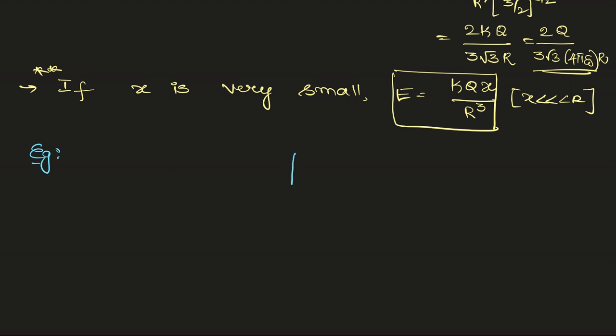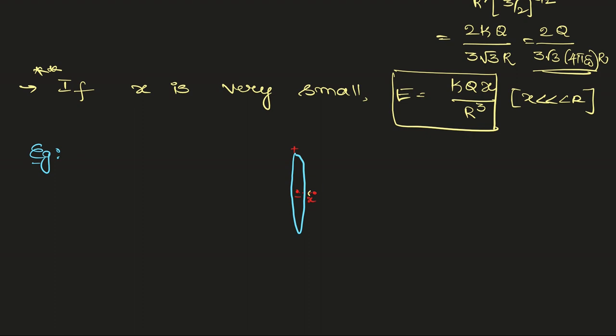There is a charged ring, and at the center, if it is positively charged, I am assuming, and a negatively charged particle is slightly displaced by a distance x, then definitely it will experience an attractive force.